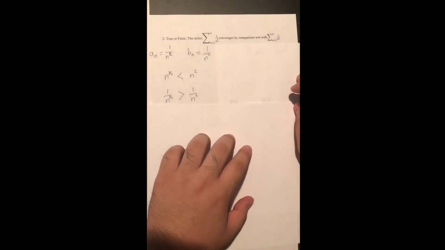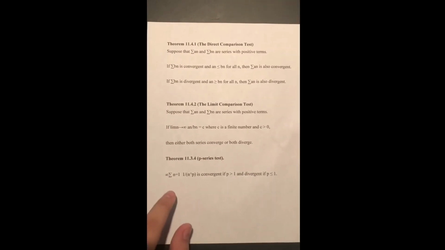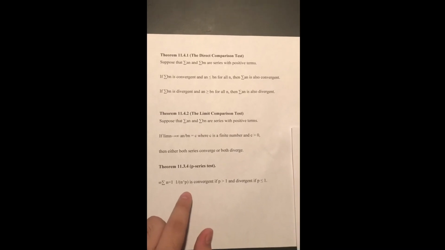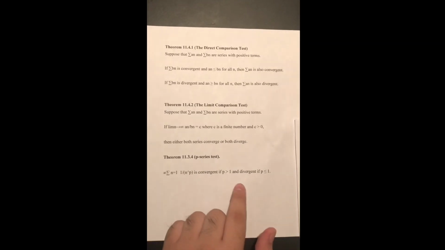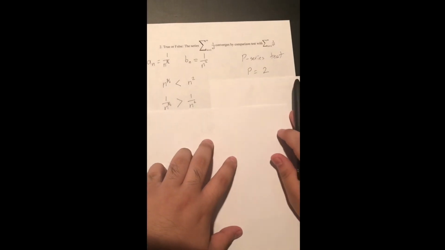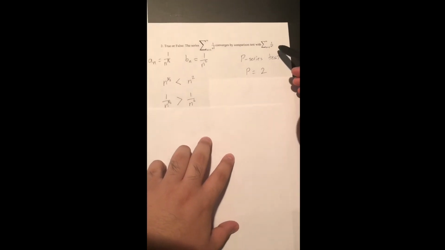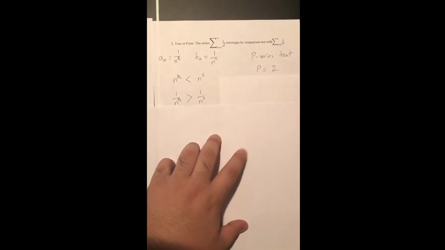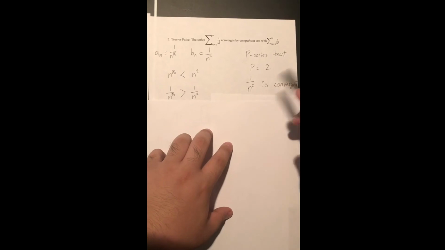To do that, we can use the p-series test. The series 1 over n to the power of p is convergent if p is greater than 1 and divergent if p is less than or equal to 1. So we can see right here, 1 over n squared, the p will be 2. So 1 over n squared is going to be convergent. So that means that bn is convergent, so this direct comparison test doesn't work.